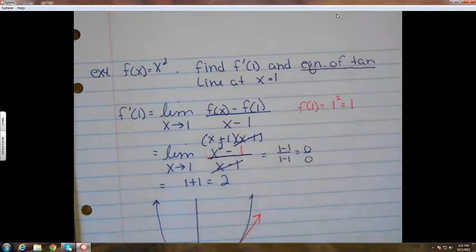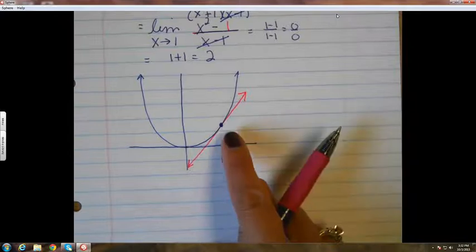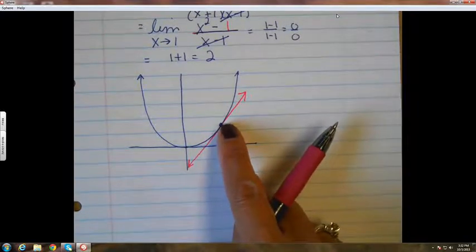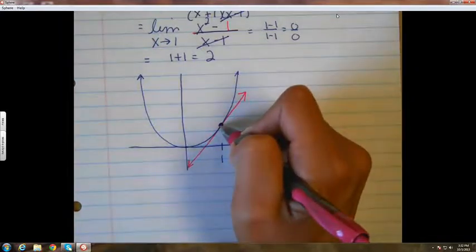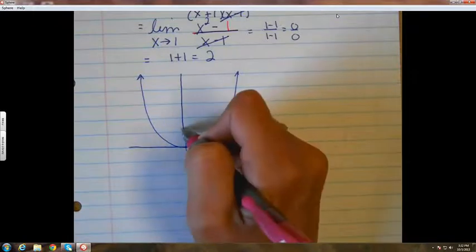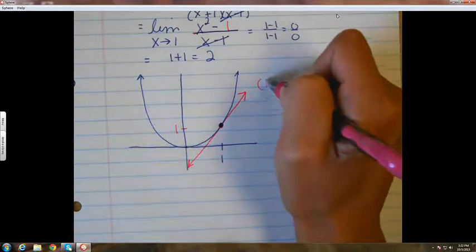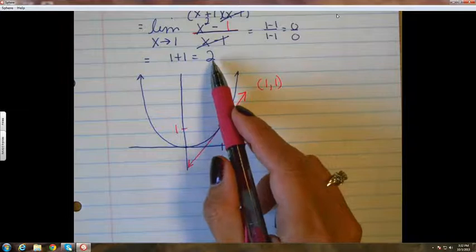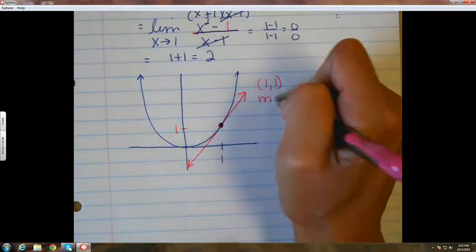And I know quite a lot about this line right now. I know an ordered pair that's on the line because it shares the ordered pair with that parabola. That point was 1, 1. When x was 1, we plugged it in, the y was 1. So I've got a point on the line, 1, 1. And because I just found this derivative value of 2, I now know the slope of this line also. The slope equals 2.